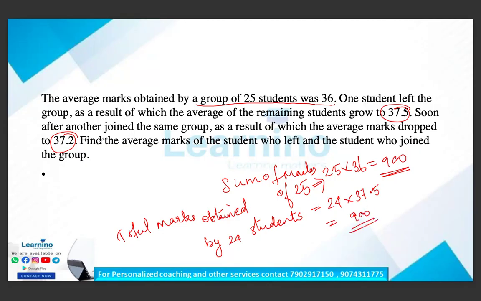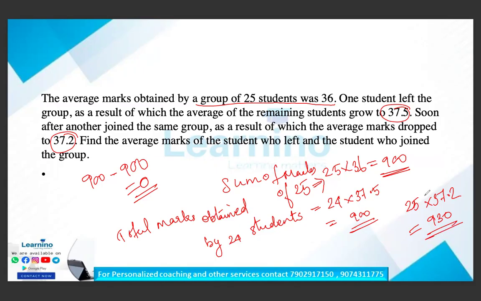So marks obtained by the student who left the group, 900 minus 900, that is equal to 0. Marks obtained by 24 students plus 1 new joined student is 25 into average 37.2, that is 930.